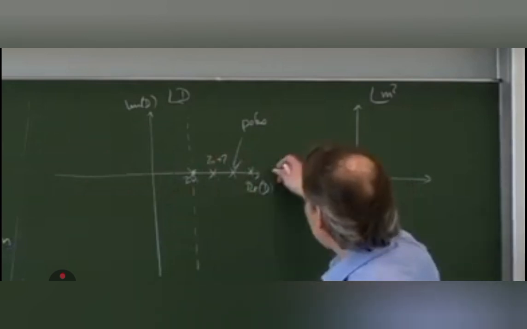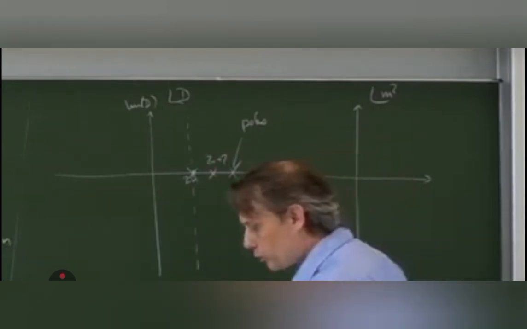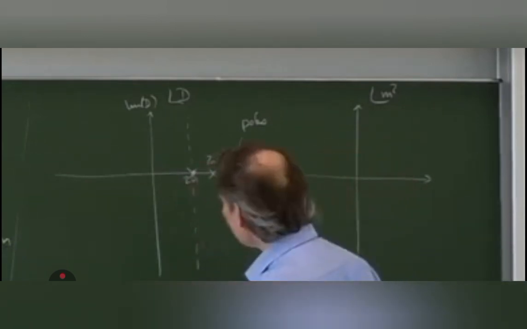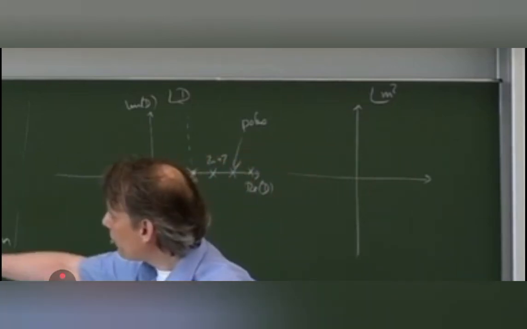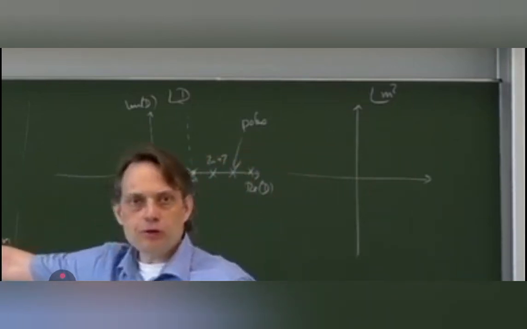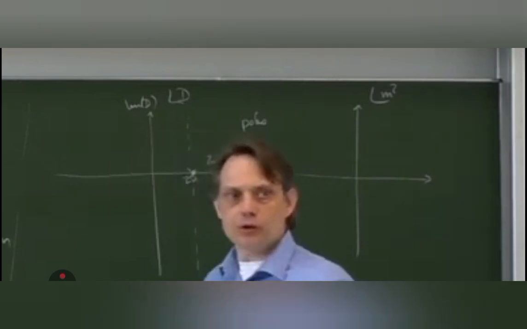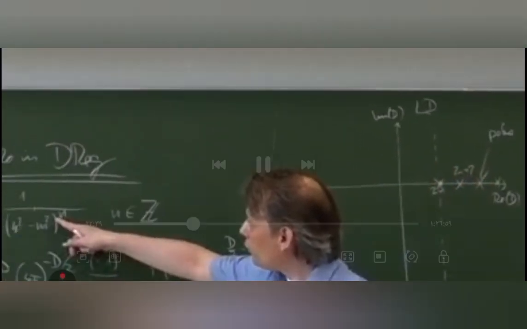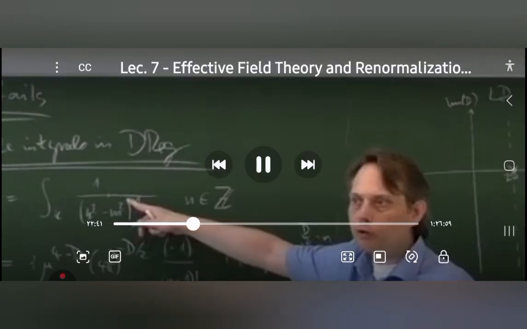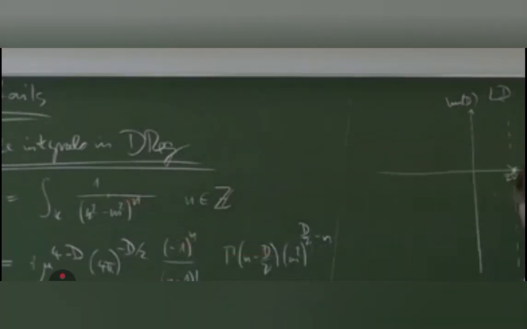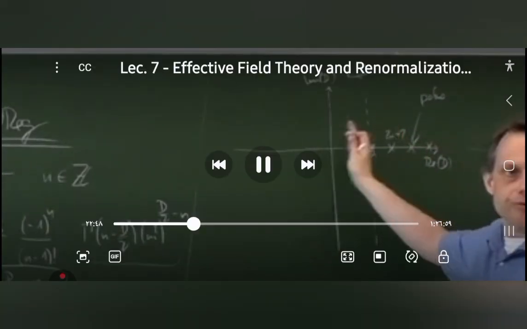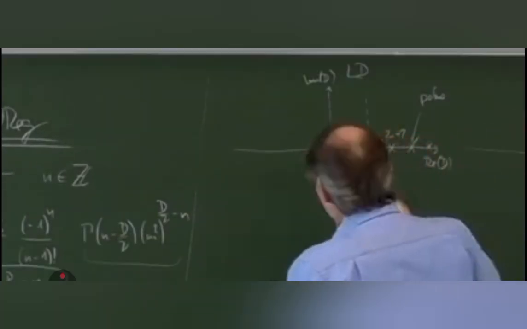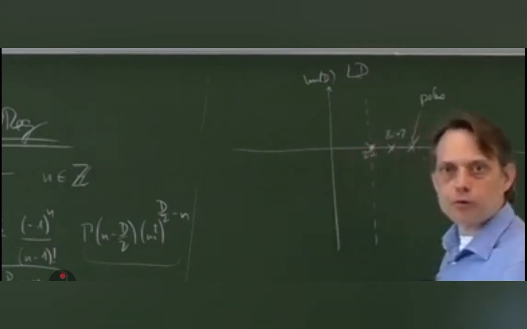There is an infinite number of poles and they all go to the right. On the other hand, we can also ask when does the integral actually converge in the sense of ordinary integrals? By power counting you can see if the dimension is small enough, the integral converges. Obviously the first value where it converges is to the left of this first pole. So basically everywhere to the left of the dashed line the integral converges by power counting.